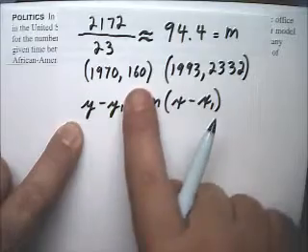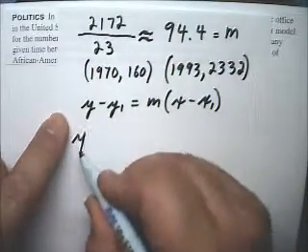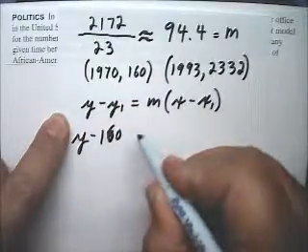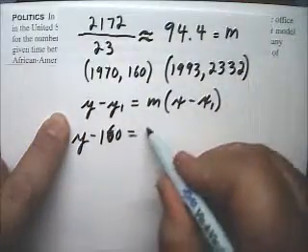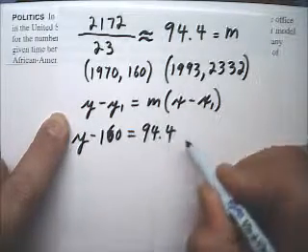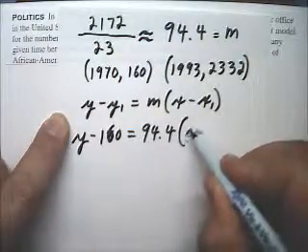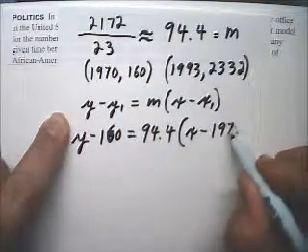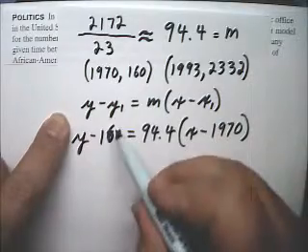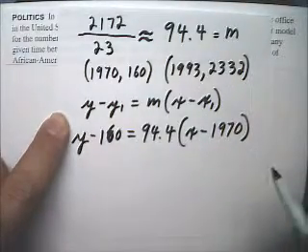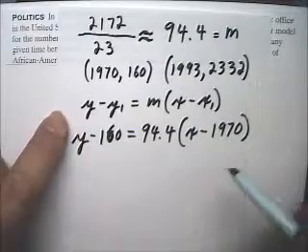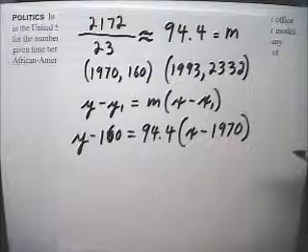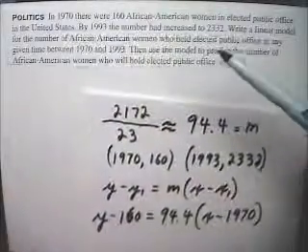And y1 is 160, so we get y minus 160 equals slope, which is 94.4 times x minus, and x1 is 1970. So, like we said, this is an equation. y minus 160 equals 94.4 times x minus 1970. That's an equation, and we can use it to figure out this answer.